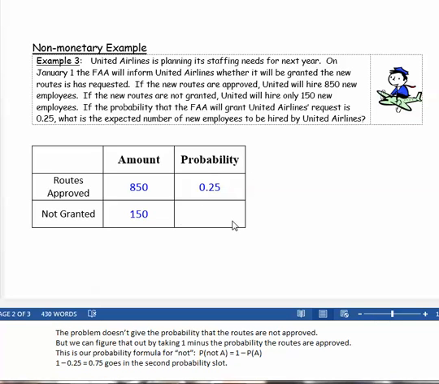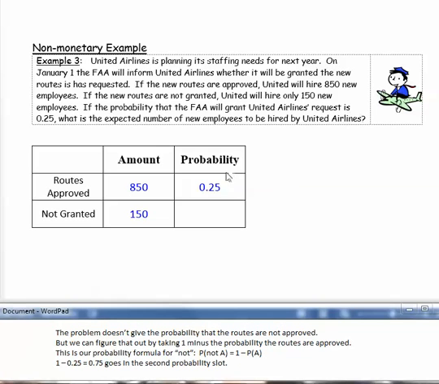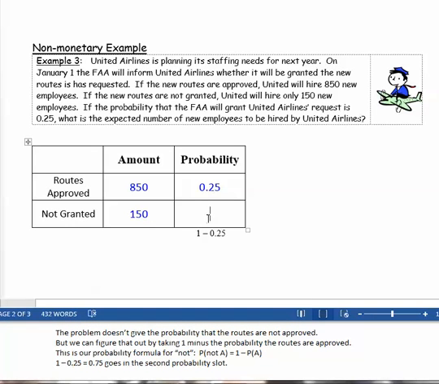The problem doesn't give us the probability that the routes are not approved or not granted, but we can figure that out by taking 1 minus the probability the routes are approved. That's our probability formula for not. The probability of not A is 1 minus the probability of A. So 1 minus 0.25, which equals 0.75, goes in the second probability slot.